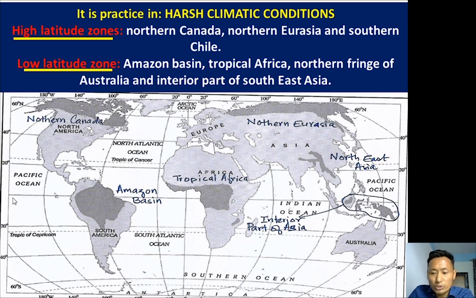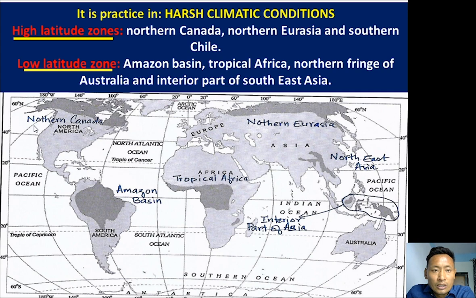Low latitude zones means those areas which are very near to the equator, that means between the Tropic of Cancer and the Tropic of Capricorn. So these regions are called low latitude zones. Regions located very near to the equator experience very hot climate throughout the year because of direct solar radiation.